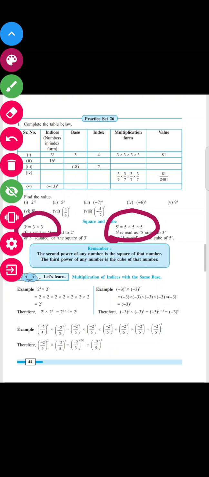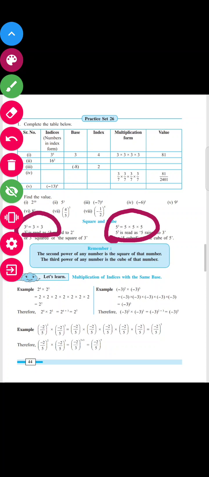You can say square and cube only when the raised power is 2 or 3. If it is more than 3, like 4, 5, sometimes 12, sometimes 18, you have to say that particular number. Like 4 raised to 6, 5 raised to 9, 12 raised to 13.